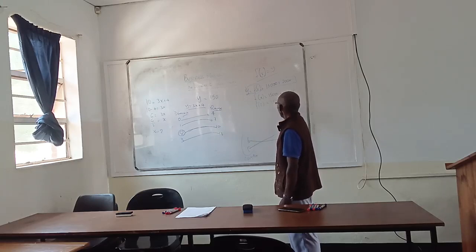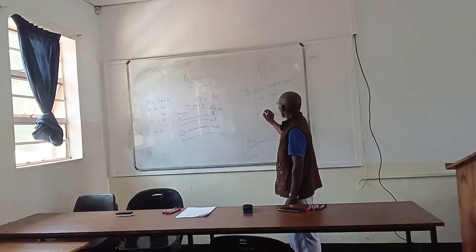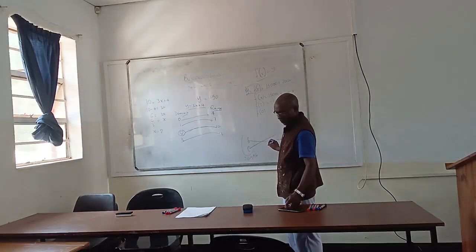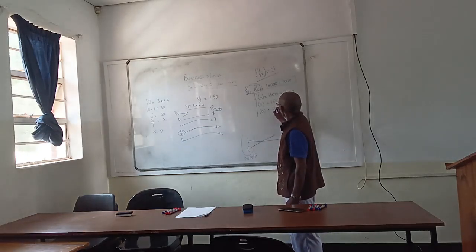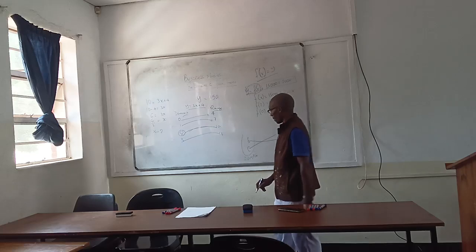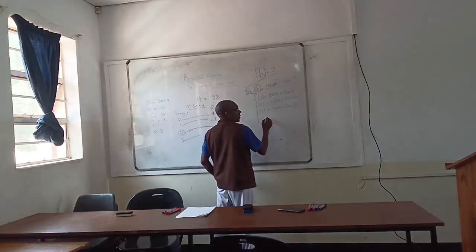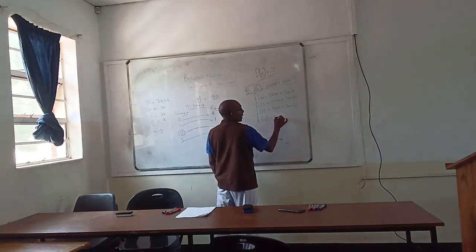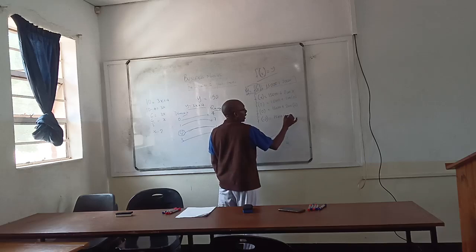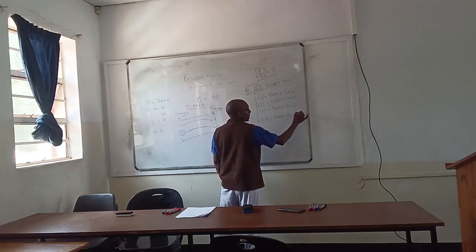You will get the answer, right? f of 0, what does that mean? It is equal to 1500 plus 200 times what? 0. f of negative 2 is going to be 1500 plus 200 times negative what? 2.